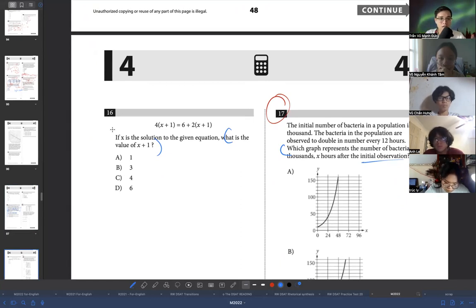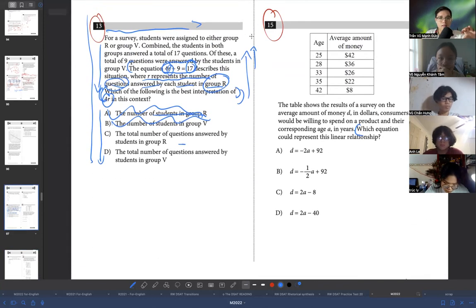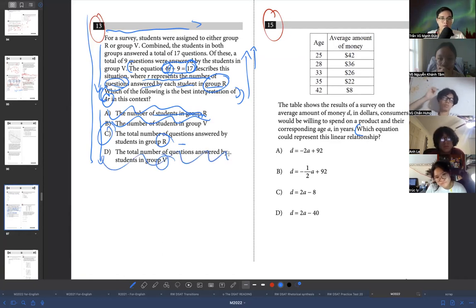But if the wording is quite long, lengthy, and unnecessary, because they give way too much information, you're going to have to work from the bottom up. So you're going to see C is the only reasonable answer, because group R versus V, of course, it's R.